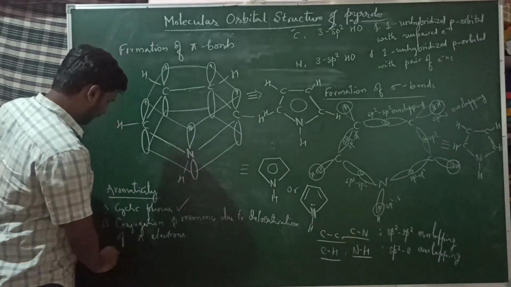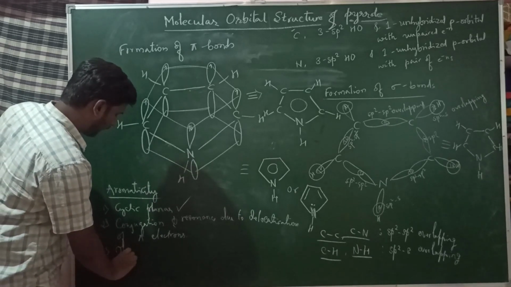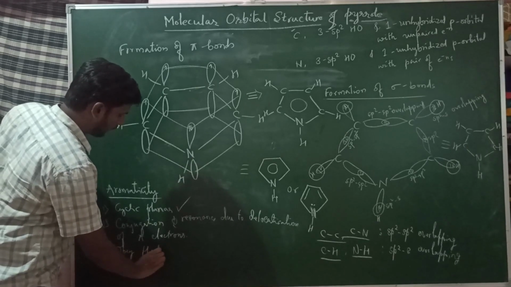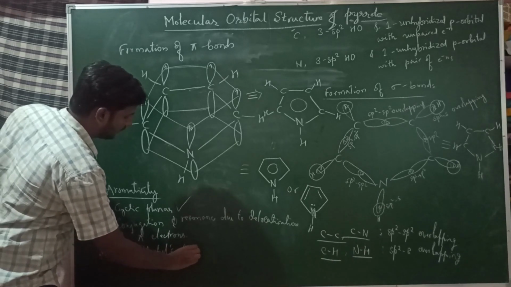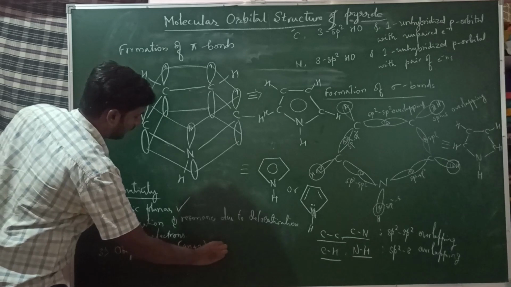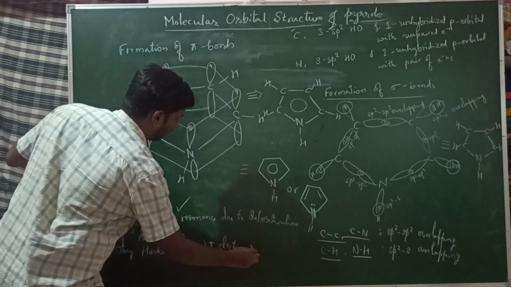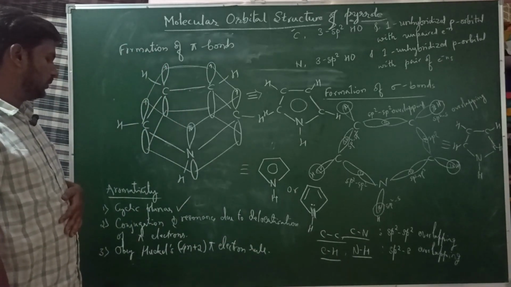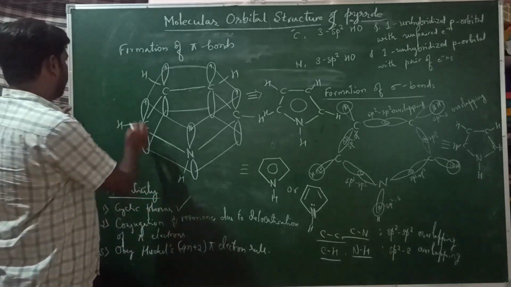The third point is it should obey Huckel's 4n plus 2 pi electron rule. Pyrrole obeys the 4n plus 2 pi electron rule because here n, the number of rings, is 1.